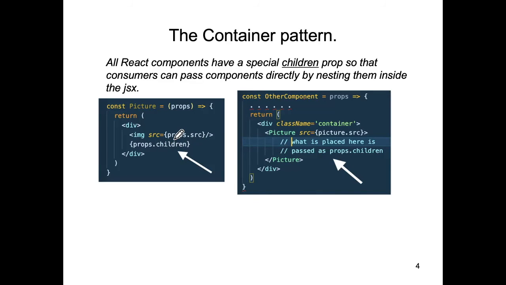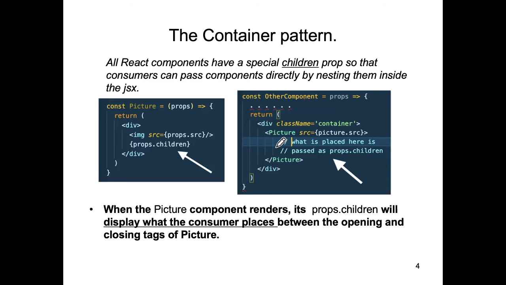And that's what React will do for you. You don't have to do anything to achieve that. This children prop is built into the React engine itself. So when the picture component renders, it's going to render an image within a div, and it's going to render whatever JSX was specified by the consumer.